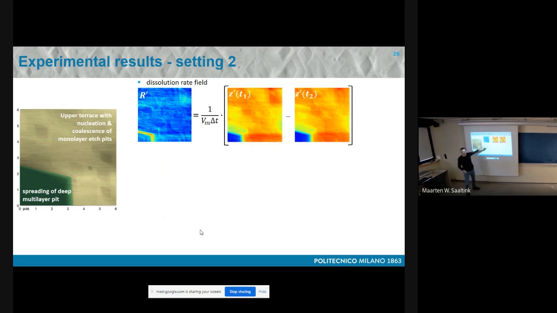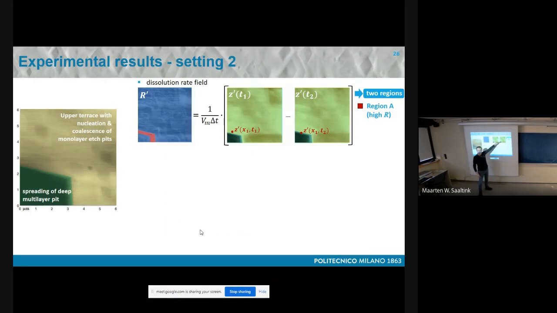One region with high reaction rate, and the region with high values of reaction rate is clearly associated with points in the system which transition from a terrace to a pit, for example. You have a high reaction rate in these regions, and the region with, let me say, moderate or low reaction rate is associated with everything else in the system.